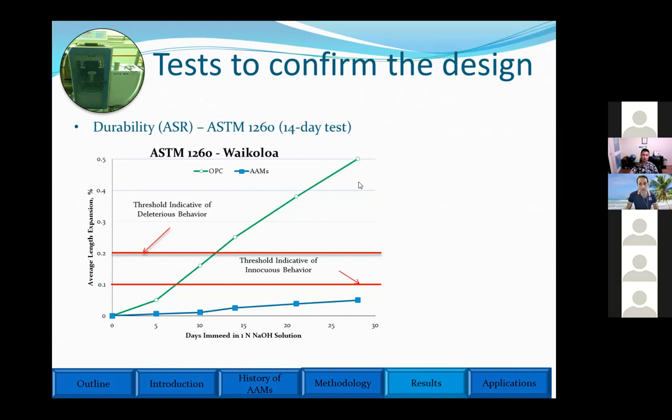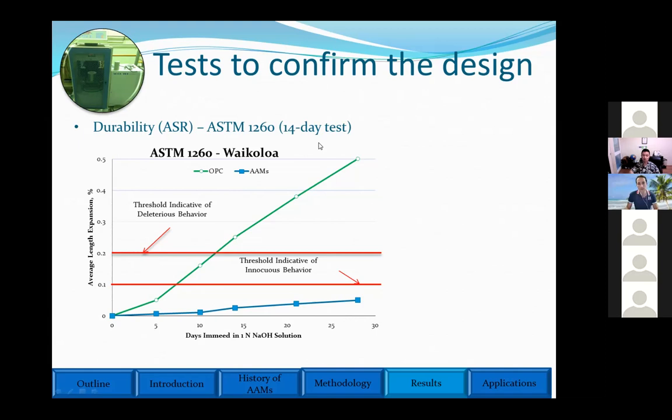So the initial study on the alkali activated materials shows that even if we use these bad types of aggregate inside the alkali activated concrete, it's okay. But we need to do it over time. The test that says alkali activated materials are okay if you use bad aggregates regarding ASR is just after 14 days.